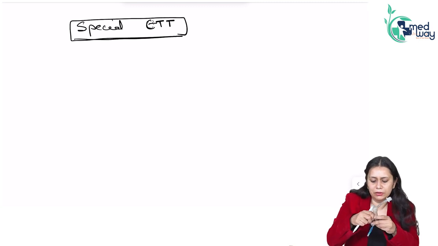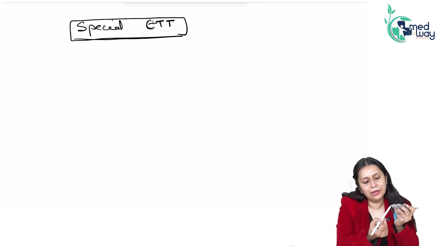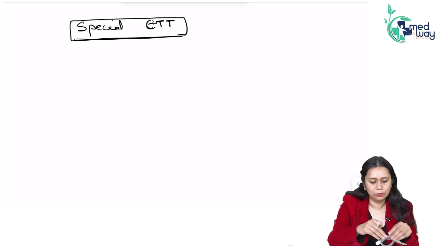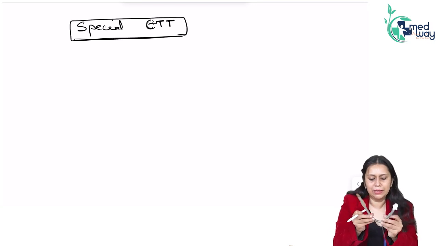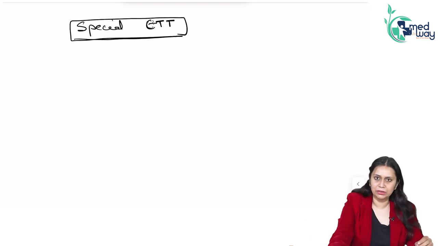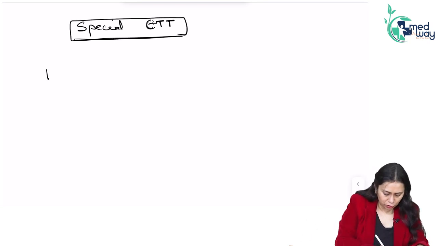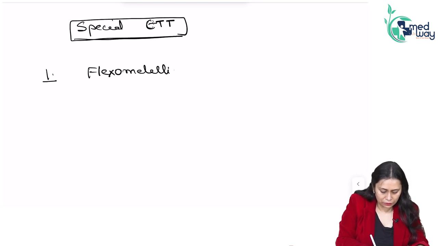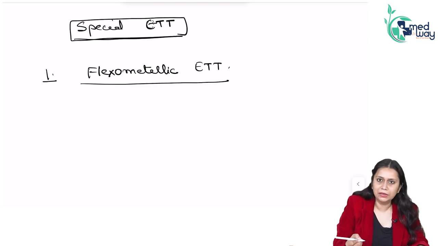If I fold this other tube, you can see obstruction happens. So it cannot maintain patency when it is bent. But this tube, even when it is bent, can maintain its patency. So this tube is basically kink resistant. Okay, so the first special tube which I am discussing with you is the flexometallic endotracheal tube, or we call it a reinforced tube.